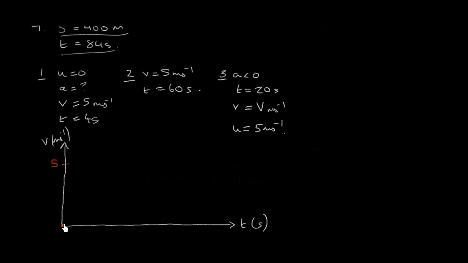Okay, so this should go in a straight line because it's a constant acceleration. It should go in a straight line until it reaches that speed, and this must happen after 4 seconds.